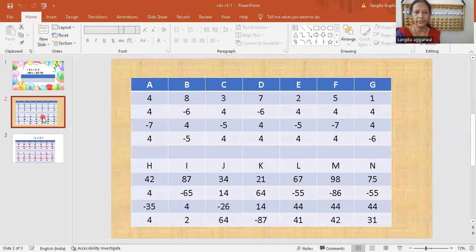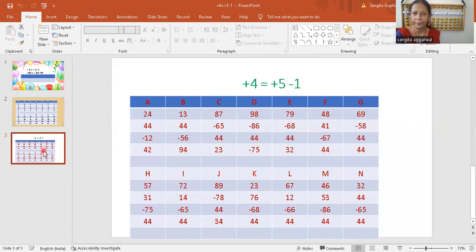Now I'm going to share the screen. You can look at these questions on the screen. In all these questions, you will have to use the add 4 formula. Without the use of the formula, you cannot solve these questions. So I am showing you some of the questions, how you can do them, and after that you can practice.